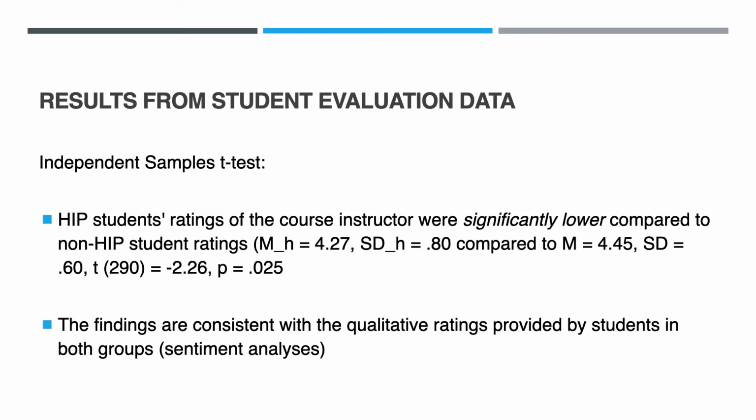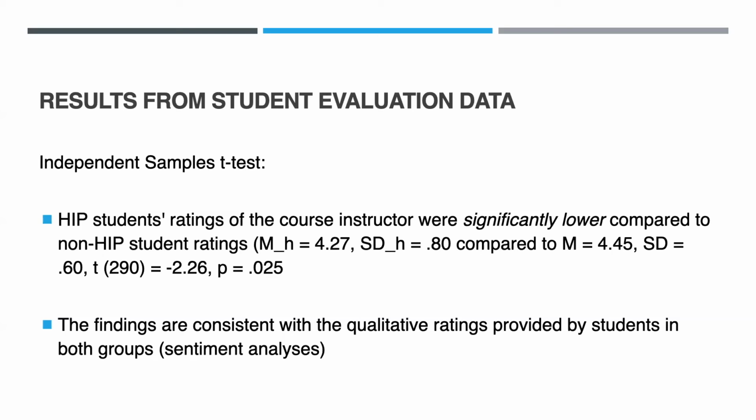I have the numbers on the screen for the median and standard deviation for the HIP sections, and I put the H next to the median and SD for standard deviation to make it easier for people to compare that against the median and standard deviation for all the sections that were taught without HIP. So the students were more critical, basically, of their experiences in HIP courses versus the students in courses that did not use any HIPs.